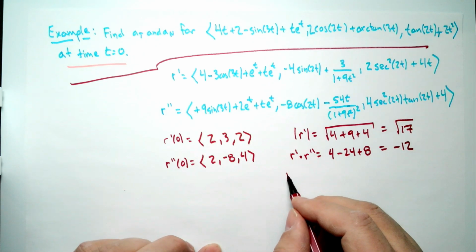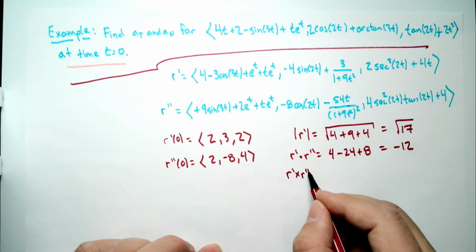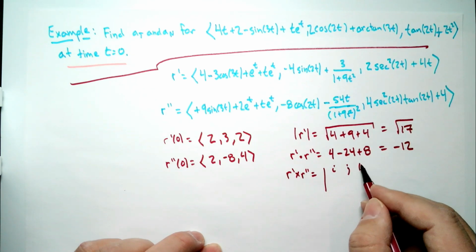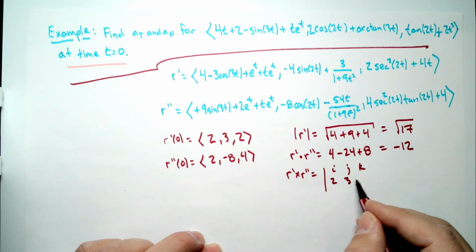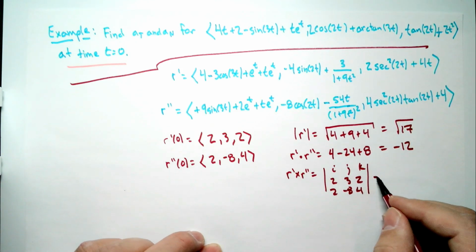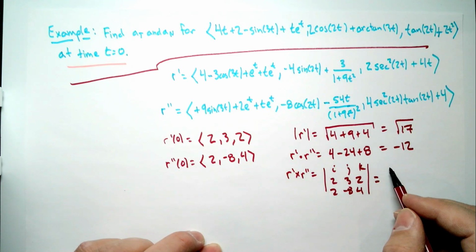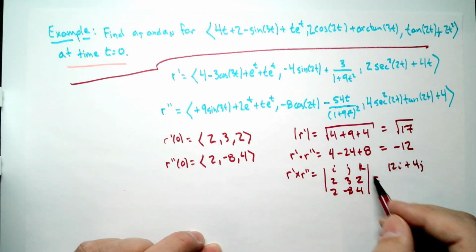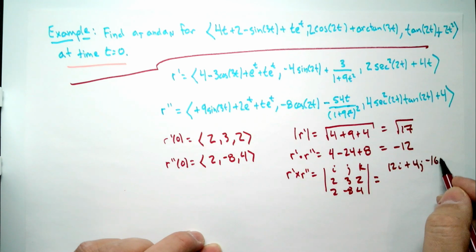And we'll need to know the cross product, r prime cross r double prime, i, j, k, 2, 3, 2, 2, negative 8, 4. Well, okay, so that's 12i, 4j, minus 16k.